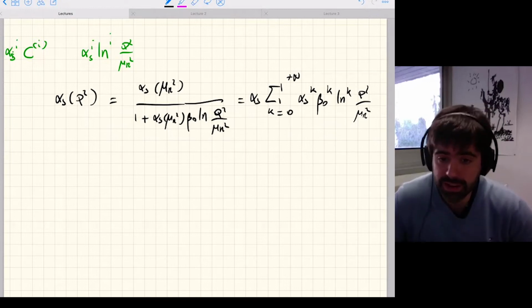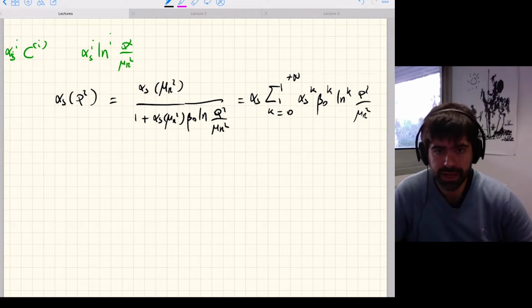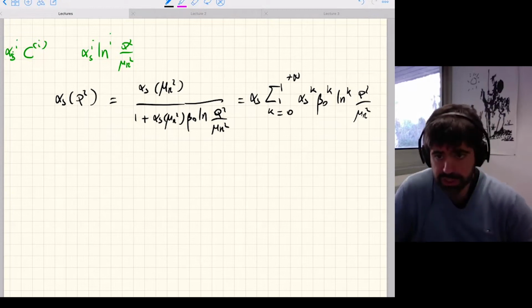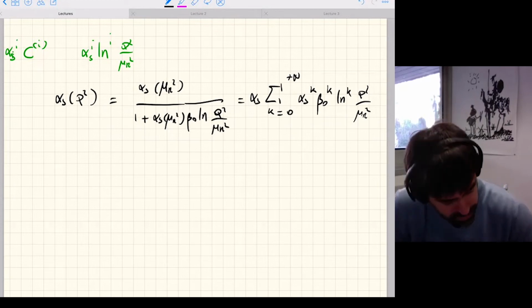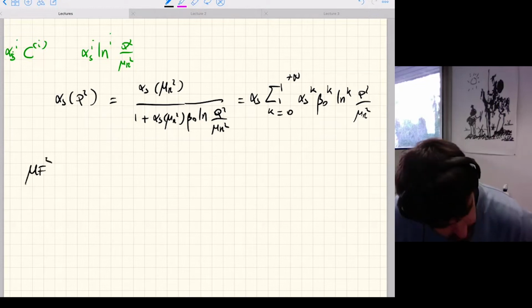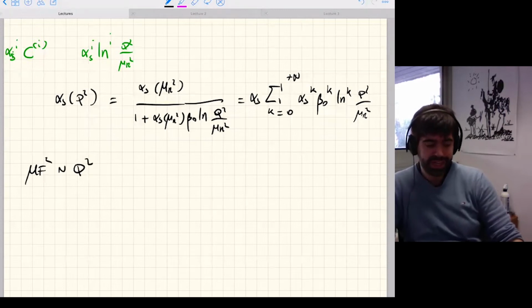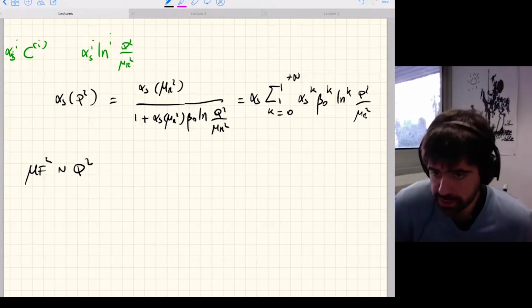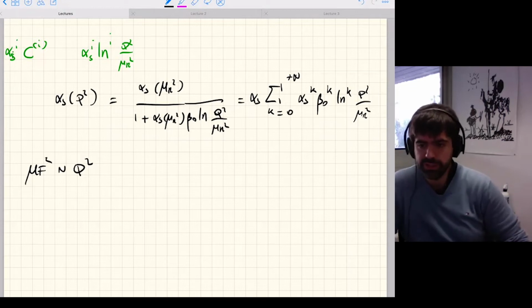Now, something very similar happens for DGLAP evolution. By choosing the parton distribution functions, which depend on mu f, by choosing the factorization scale mu f to be of the order of the hard scale of the process, we get rid of the mu f dependence in the coefficient function, and we essentially resum all the logarithmic corrections by the Altarelli-Parisi evolution.